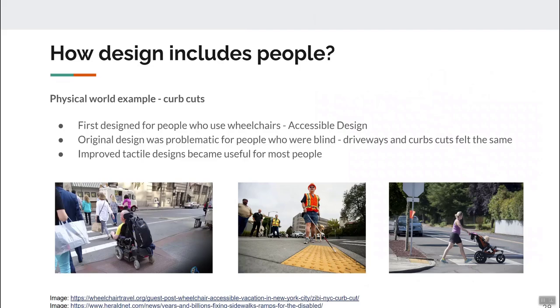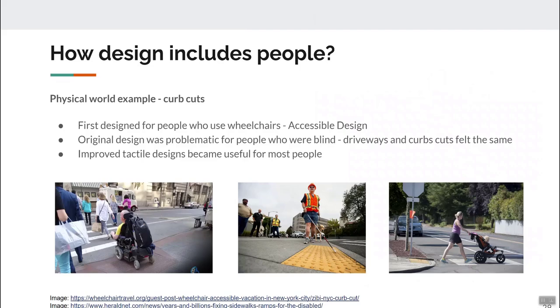But that design caused a few problems with people who were blind. The original design didn't include the bumps in the curb cut, so people who were blind weren't really able to tell if the slope in the sidewalk was a driveway, a curb cut, just bad construction of a curb.